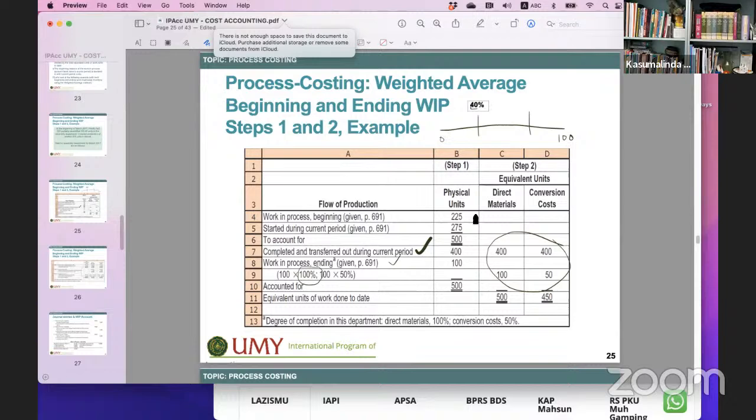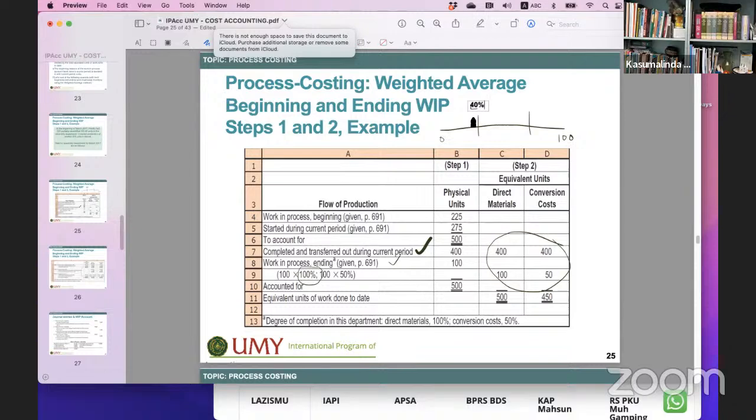But there is a different treatment for the direct materials. For direct materials, we need to know when the direct materials are added in the process. For example, because this is the first department, usually the direct material is added at the beginning. So how could we know if it is added at the beginning, at the ending or at the middle of the process?